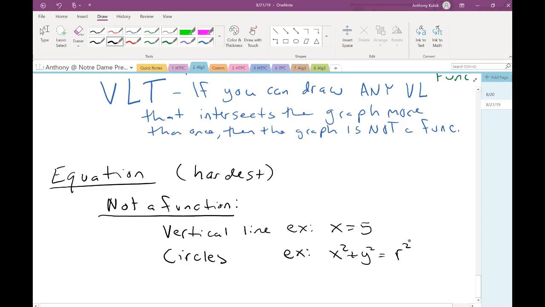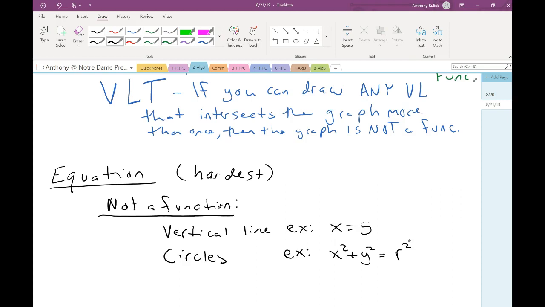Circles. You should be able to recognize the equation of a circle that's not a function. You remember last year, circles we could write as x squared plus y squared equals r squared. If I give you the equation of a circle, I'd expect you to recognize that's not a function. That's it.